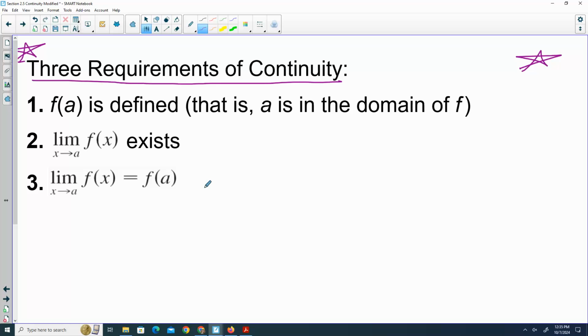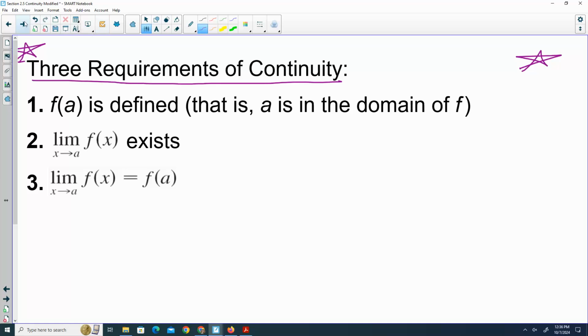The limit has to exist, and those 2 things have to be equal. So in order to say something is continuous, the function has to be defined, the limit has to exist, and they have to be equal to one another. That's what we will be verifying every single time we're talking about this.